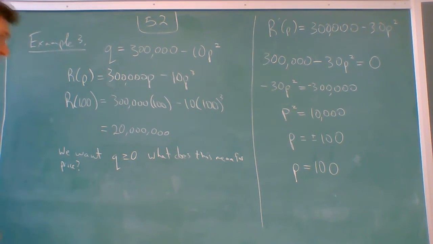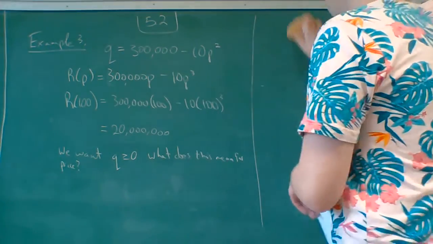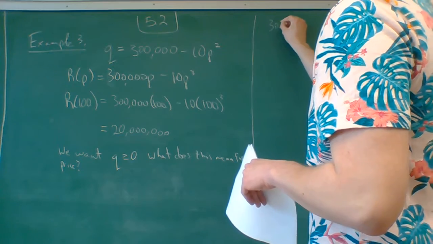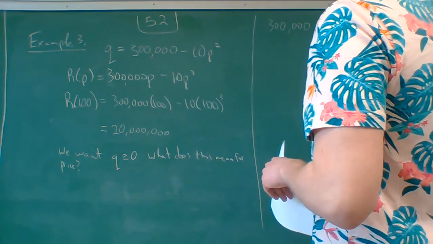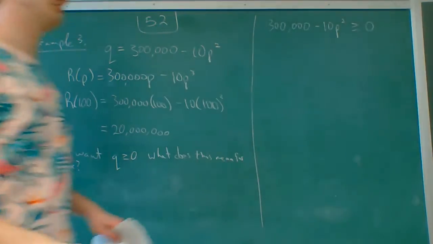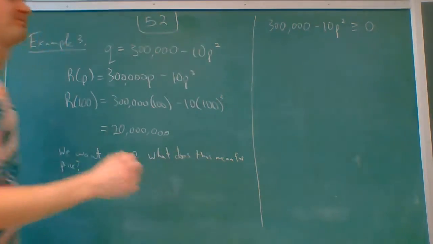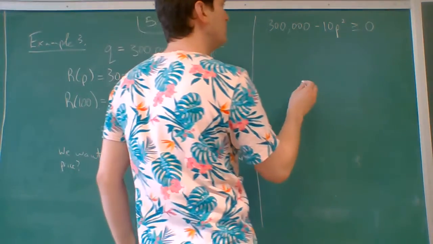If Q is greater than or equal to 0, then this function of P has to be greater than or equal to 0, because that's Q. So what does this mean for P?